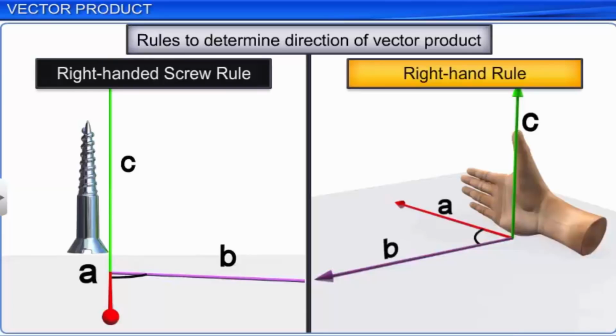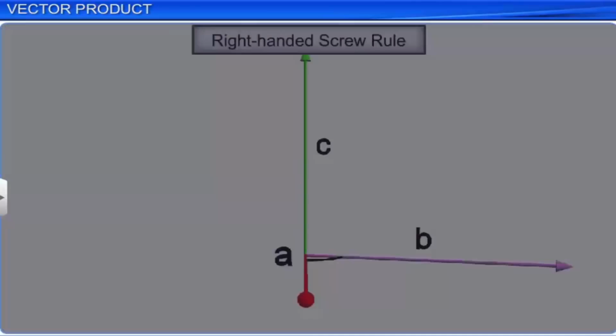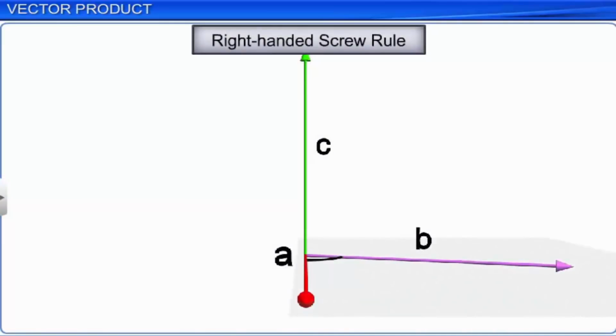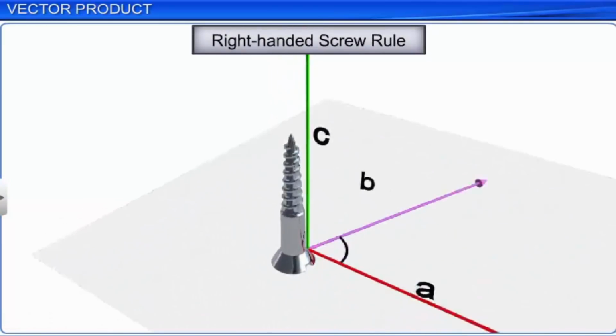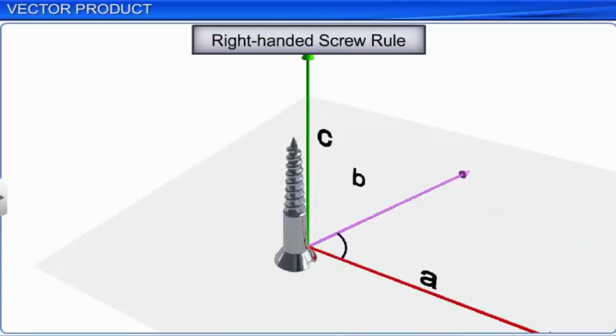When a right-handed screw is placed perpendicular to the AB plane with its head on it and rotated from A to B through the smaller angle, then the motion of the screw indicates the direction of the vector product of A and B, that is, C.